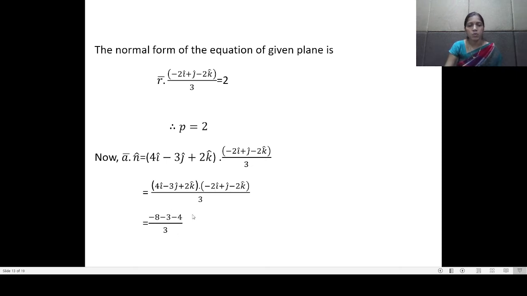The sum of these three terms is minus 15 upon 3, which is minus 5.